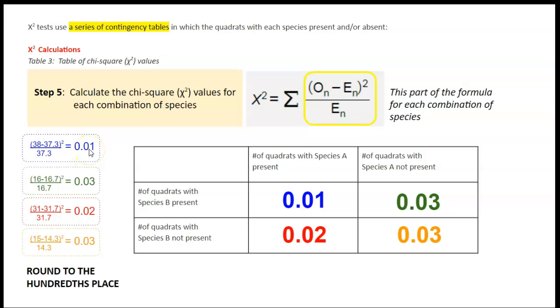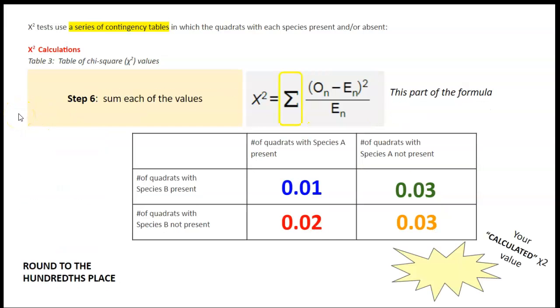That's tiny. They're not always going to be that tiny, but in this case, maybe you're sensing what's coming, okay? But tiny numbers, in this case, you will round to the hundredths place. You do all the math for the observed and expected numbers. You end up with a beautifully filled table, and then you have to sum it all up.